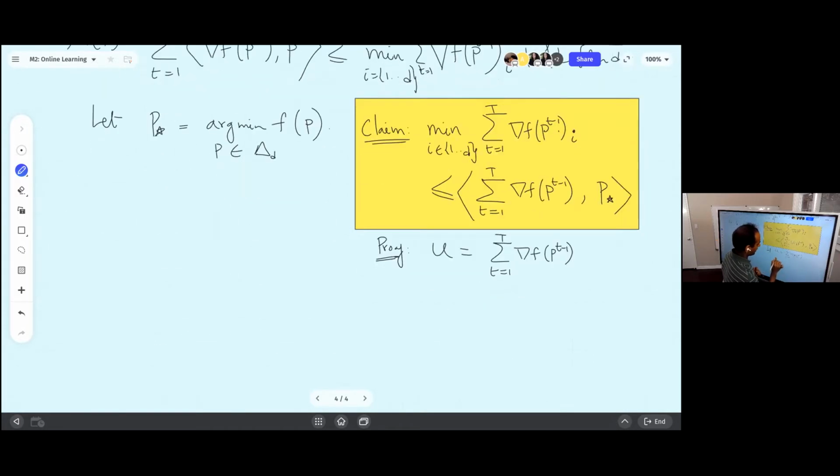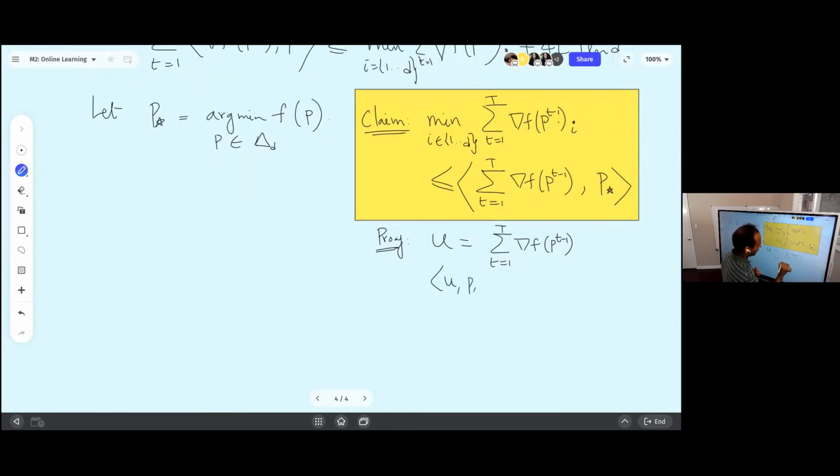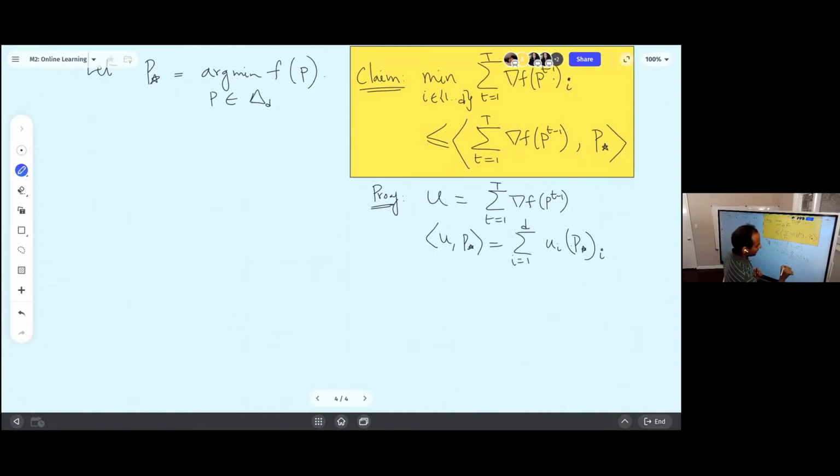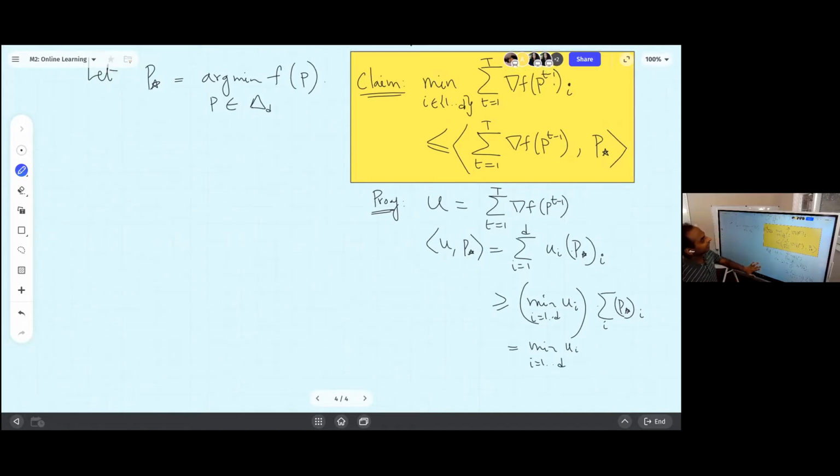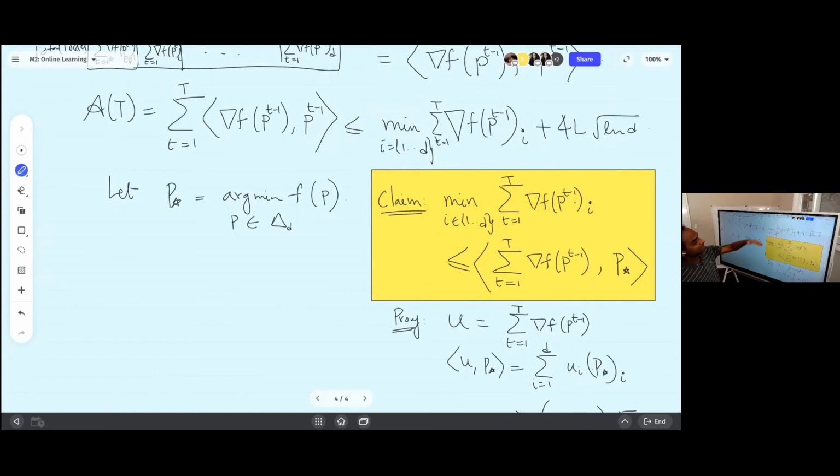The inner product of u and P star is just summation i equals 1 through d of u_i times P star_i. So this is at least the minimum value of u_i times summation of P star_i, which is just the minimum value. Okay, that's it.